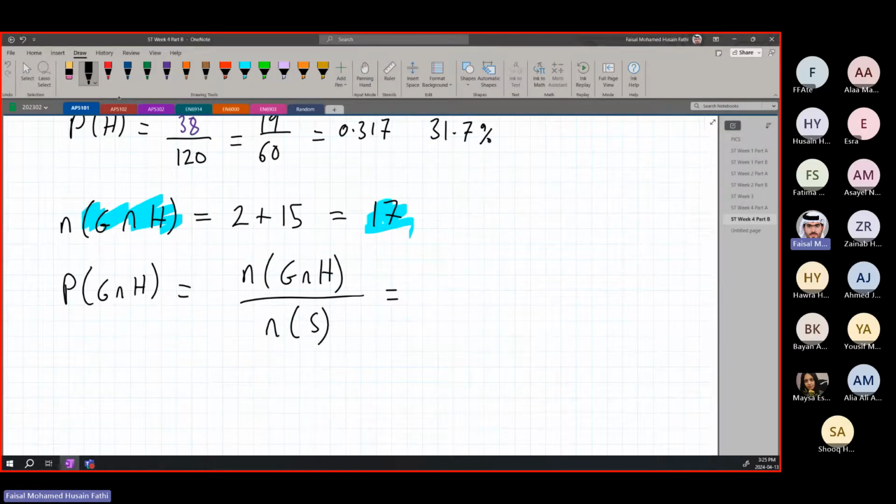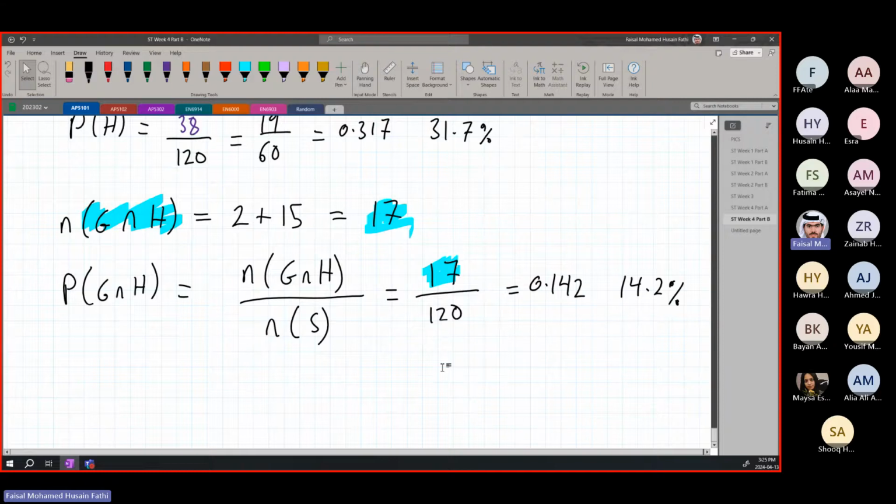So this is going to be equal to 17 over 120. If I simplify this, 17 divided by 120 is going to be equal to 0.142 or 14.2%. All the same thing.